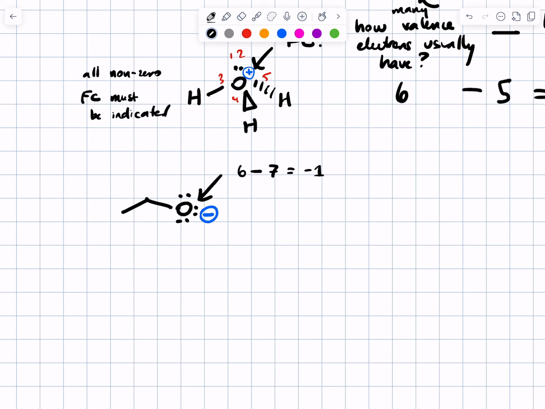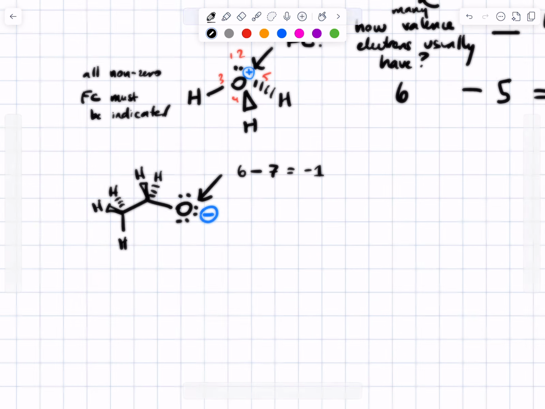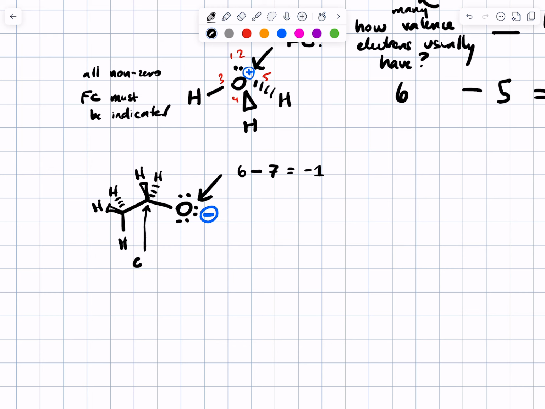Do I need any formal charges on any of the other atoms that are implied but not originally shown in this molecule? Nope. The hydrogens have a 0 formal charge. What about the carbons? Carbon normally has 4 valence electrons, currently owns 4, 0.